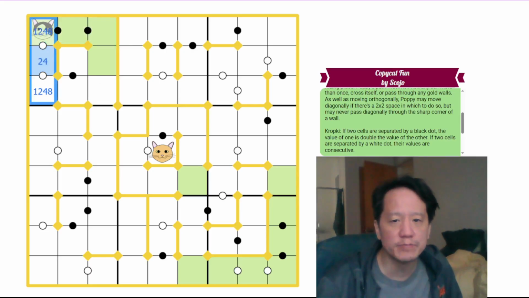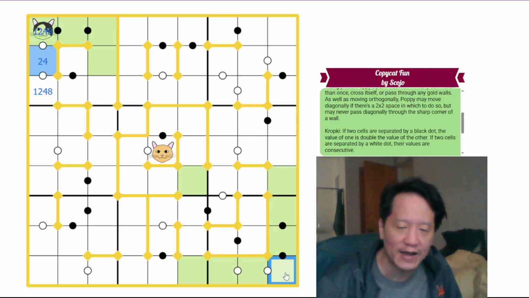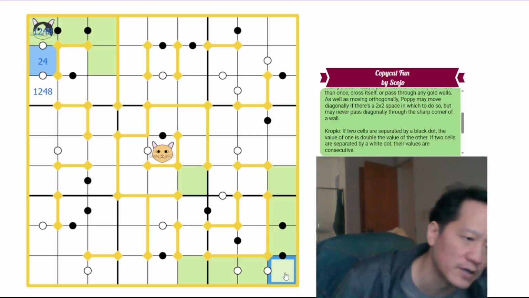So what are the possibilities here that we can have? We know these digits must be consecutive. No, sorry, this cell must be consecutive with the value of this cell.